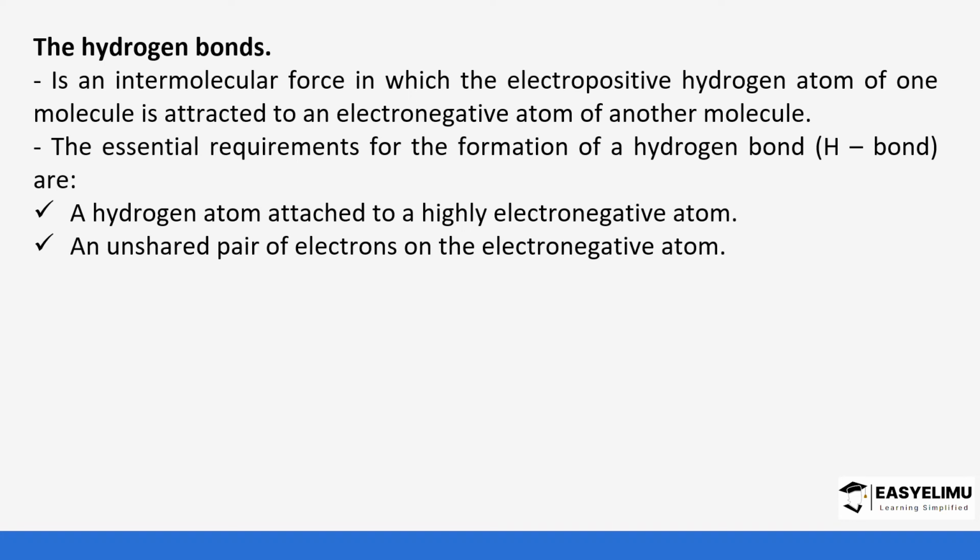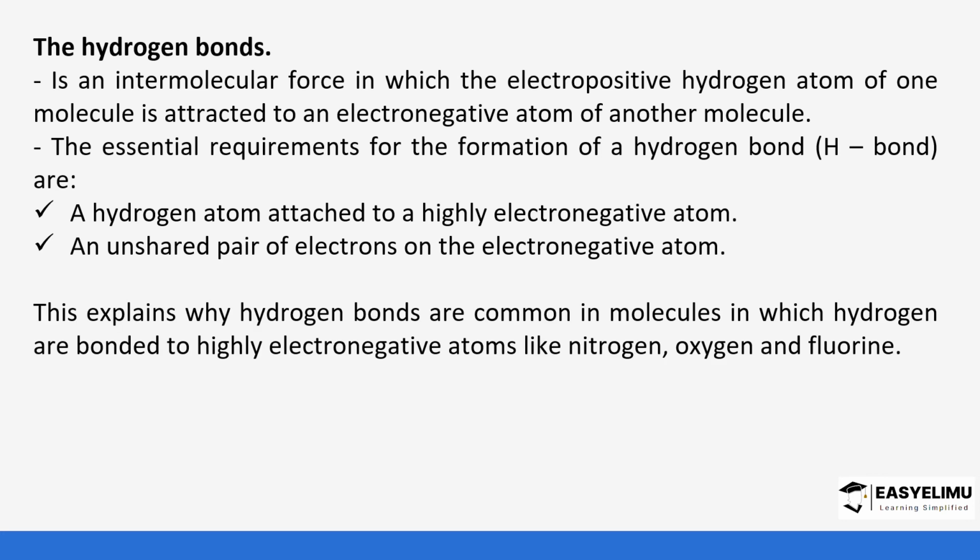The hydrogen attaches itself to an electronegative atom, preferably nitrogen, oxygen, and fluorine. These ones are very electronegative. Since hydrogen is electropositive, it will attract itself to an electronegative atom.